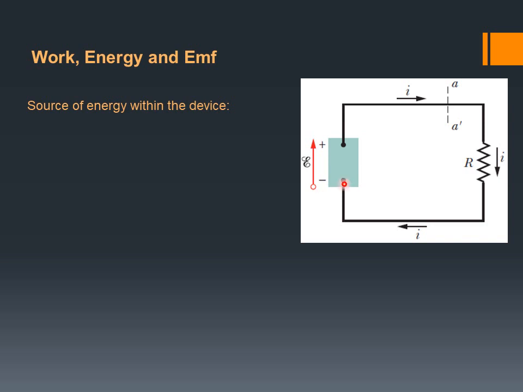Just look at this figure. Here you see a source of EMF is connected, which is unknown. We haven't specified whether it is a battery, or a solar cell, or a thermopile, or any other source of EMF. It is a source of EMF.